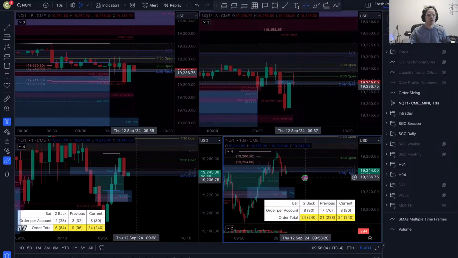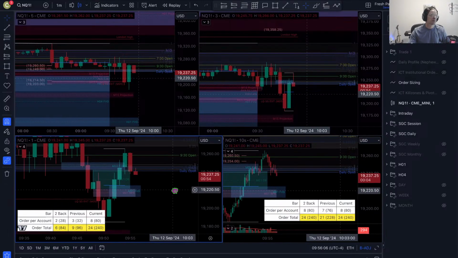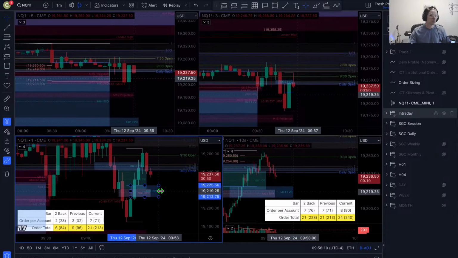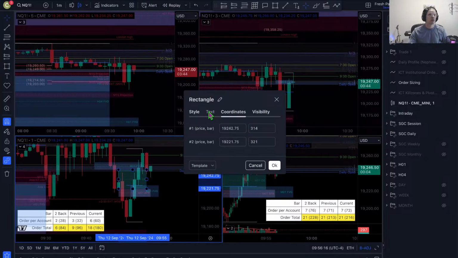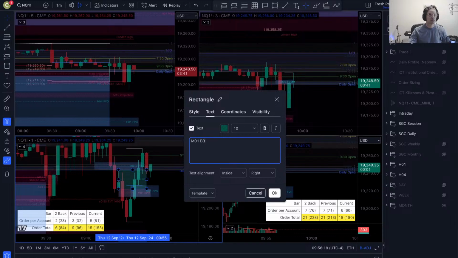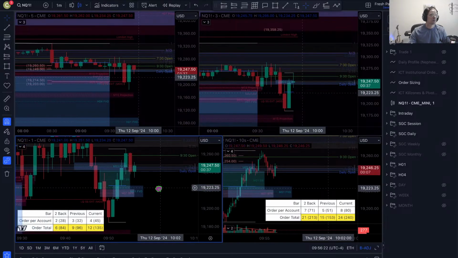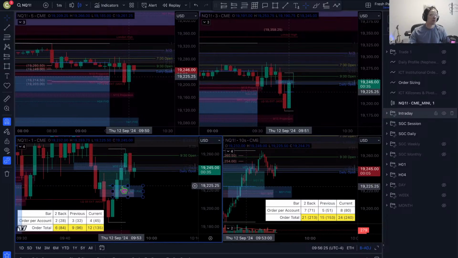Looks like we just barely closed above that. So it'll be telltale what happens in here. This is your breaker block on the M1. See who comes back down for this fair value gap here.